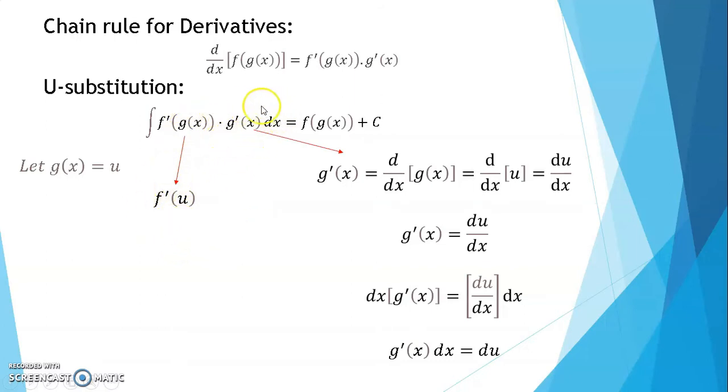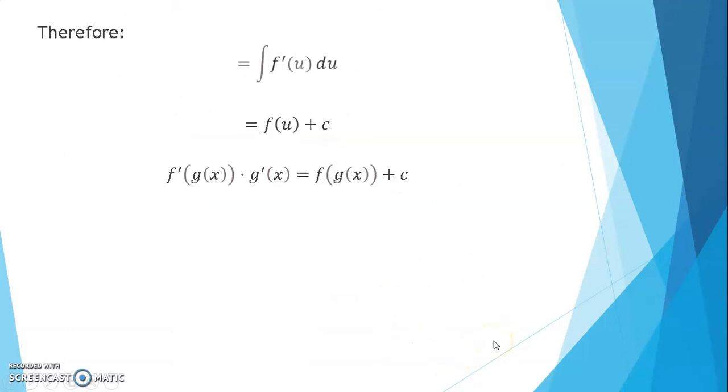And then for this side, we differentiate it. We differentiate g(x) equals u, and we get g prime x equals du/dx. To get the form we need, we multiply both sides by dx and cancel, so we get g prime x dx equal to du.